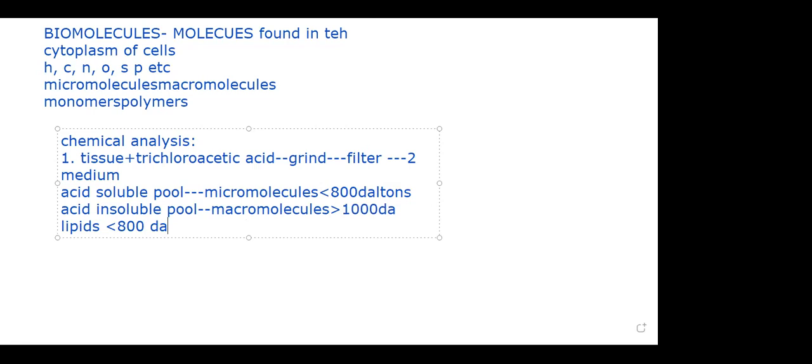Based on this, we have primary metabolites and secondary metabolites. The products that are formed by the physiological processes of the plant are said to be primary metabolites.